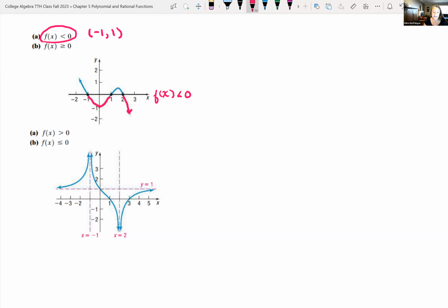If it had less than or equal to, I would include the values where it was touching or crossing the x-axis. But it was strictly less than. Union, everything bigger than 2, so parentheses 2 to infinity. Another way that you could have written this, in inequality notation, is -1 is less than x is less than 1, union x is greater than 2.